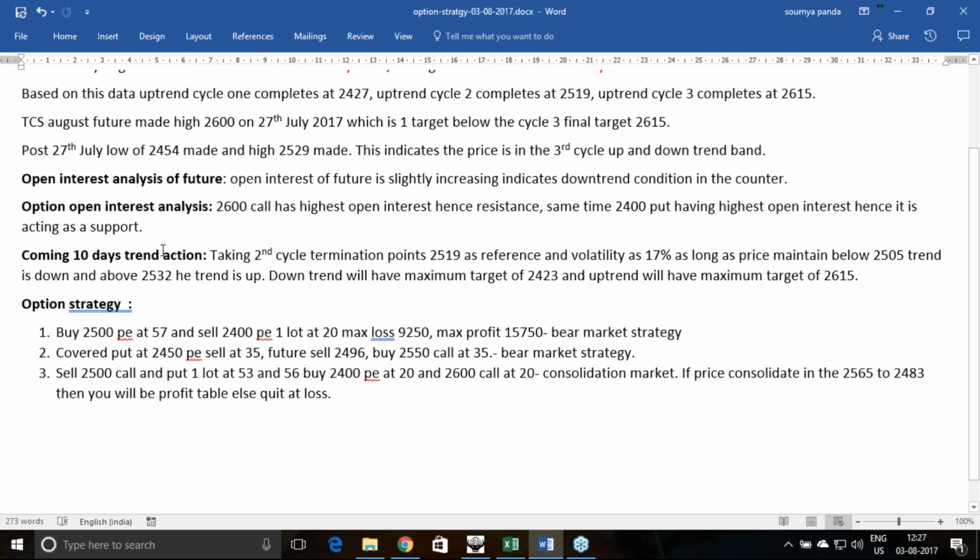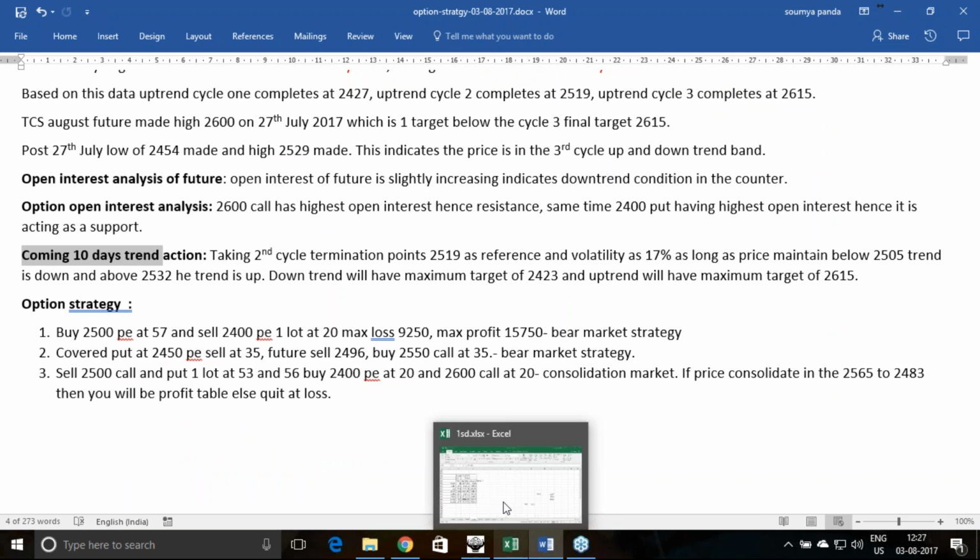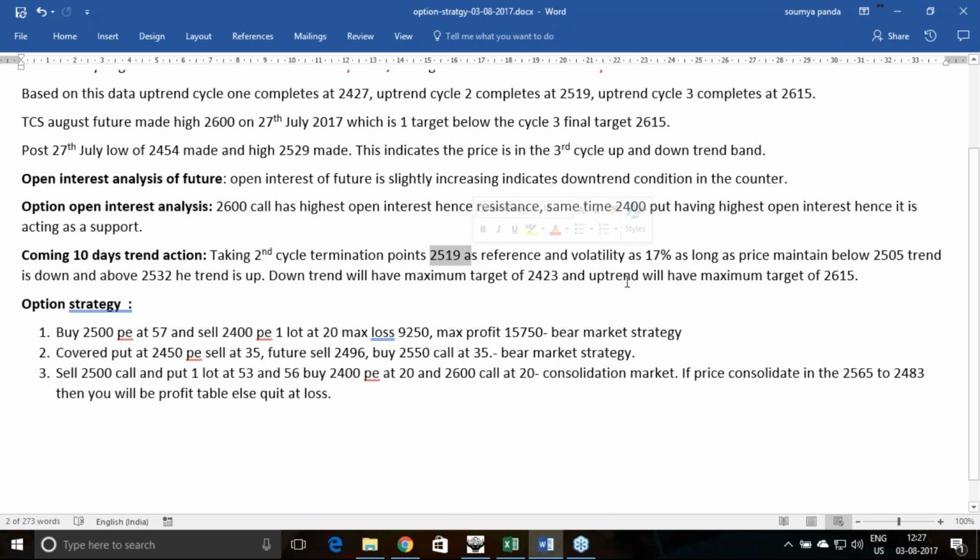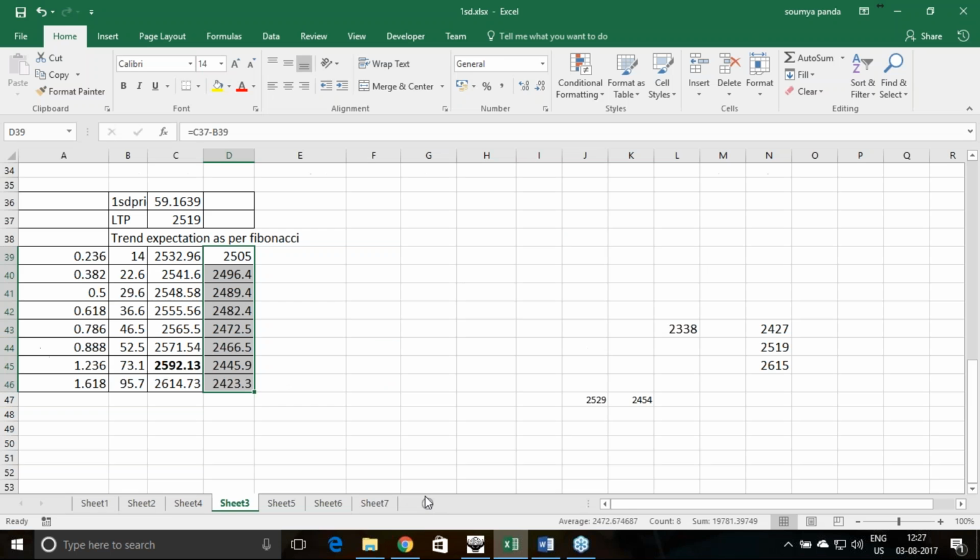Now based on this, I'll be doing the coming 10 days trend analysis using the 1 standard deviation. I will take the same reference price 2519, with 17% real-time volatility, and the same levels that I am getting here, I will stick to.